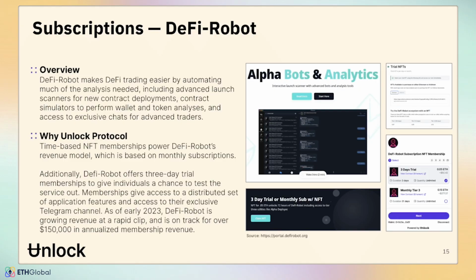But once you have the membership in your wallet, you can access a dedicated Telegram channel, as well as some key features in the application. At this point, DeFi Robot, which is a pretty simple application, is making about $150,000 in annualized membership revenue. So again, if you build these things right, that's actually a very significant revenue opportunity for any kind of community or software application.